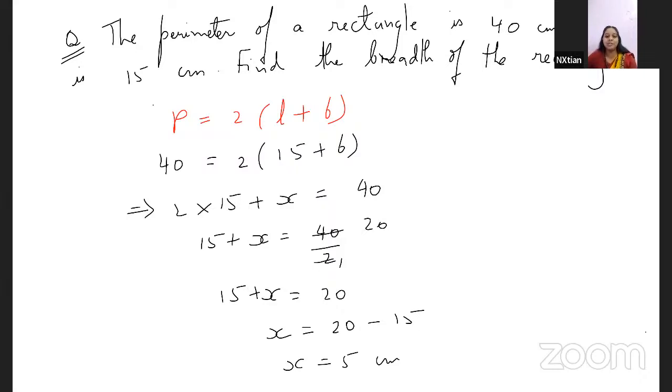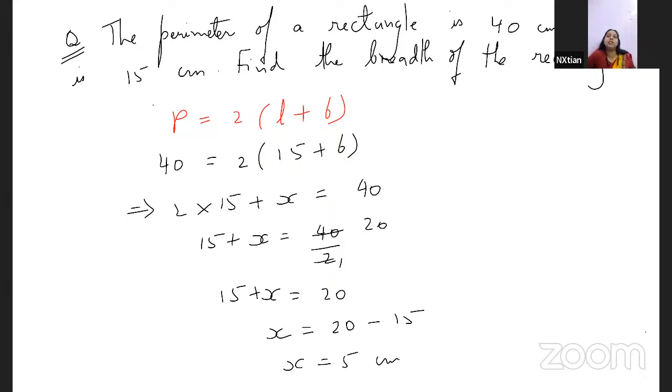That's why I said 8. I didn't see that 46 is considered in the solution. So this is correct, ma'am? Yes, 5 centimeter is the right answer. If it were 46 centimeter, then maybe the answer would have been 8. But this is correct. 5 is correct.